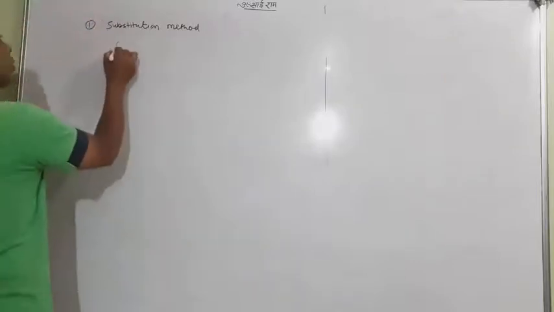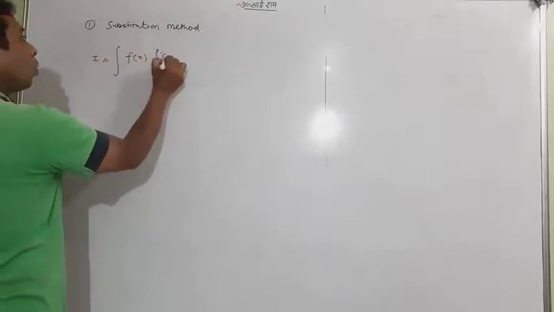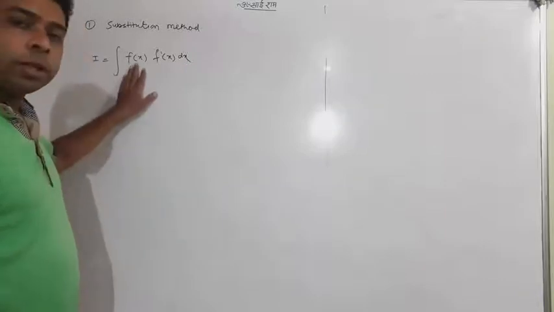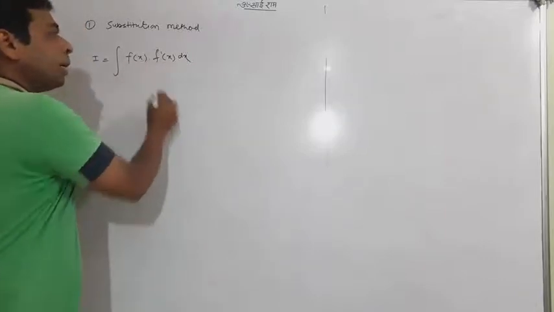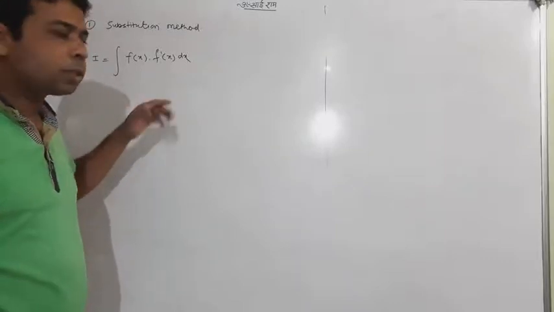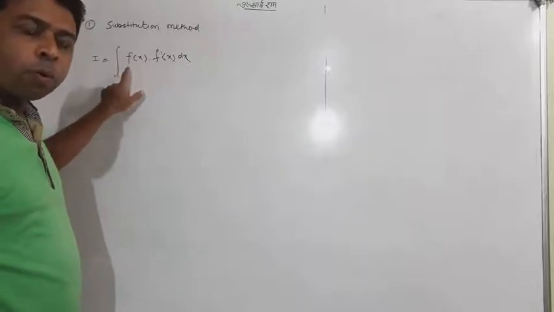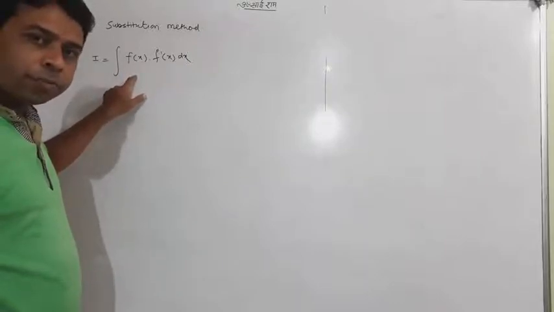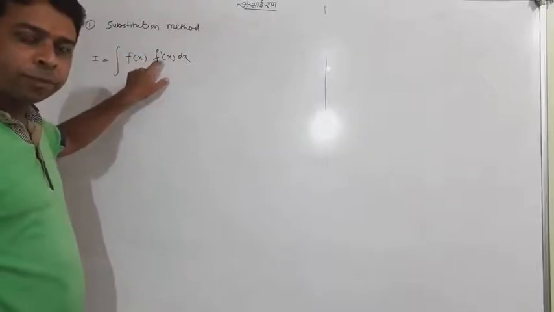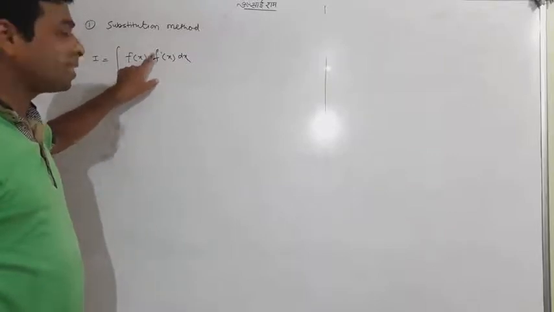Look at this integration, where two functions are coming in multiplication. The speciality of this kind of integration is that it consists of two functions: first is the function itself, and in multiplication it will be its derivative portion, meaning f of x into its derivative.